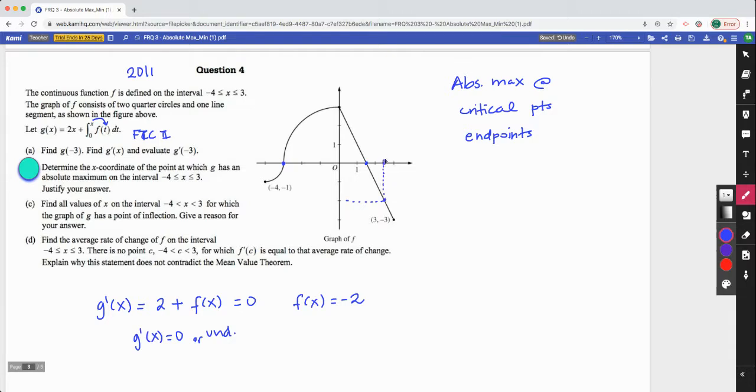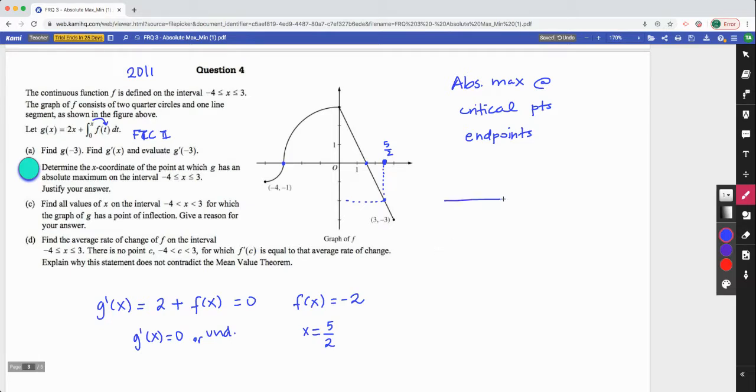So this is a critical point for our function. You can evaluate this by using similar triangles, but they're pretty proportional. You can see this is going to be the midpoint of 2 and 3, so it'll be just 5/2. So g of x has a critical point at x equals 5/2.